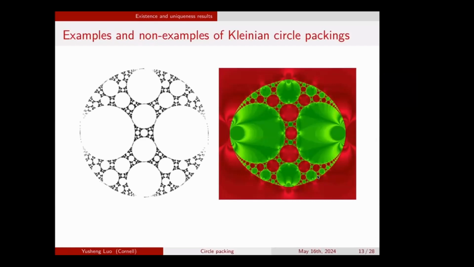And here are some examples and non-examples of a linear circle packing. On the left, we have a limit set of a geometrically finite Kleinian group. And you can see that if we pick these 4 circles, then we see the pattern of the subdivision rule from our previous example.